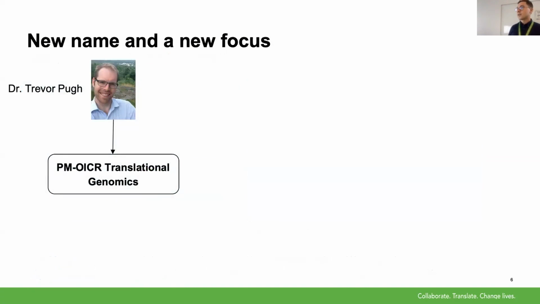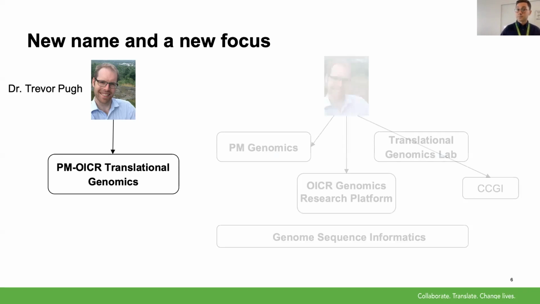So my background here is I started at OXCR as a bioinformatician working in the Translational Genomics Laboratory under Dr. Trevor Pugh. And here we did population or cohort level studies where we worked with different collaborators in the community to do population level studies.